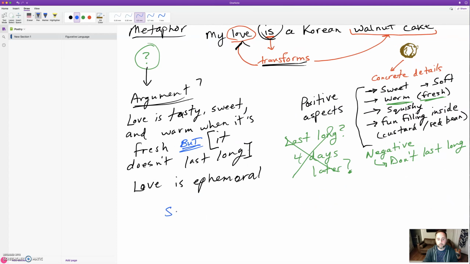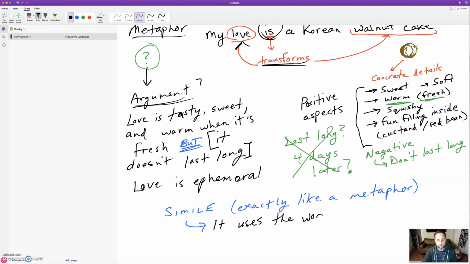You'll encounter also similes. Okay. A simile is exactly like a metaphor, except, okay, so exactly like a metaphor, it compares two things, an idea and an object, normally, except it uses the words like or as.